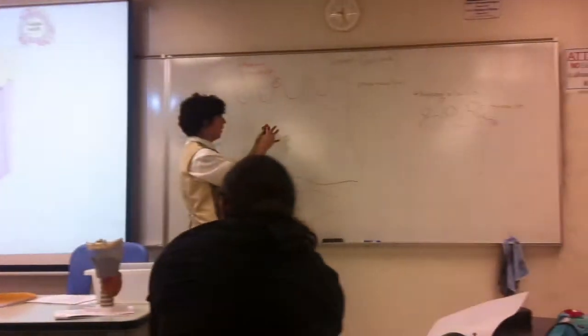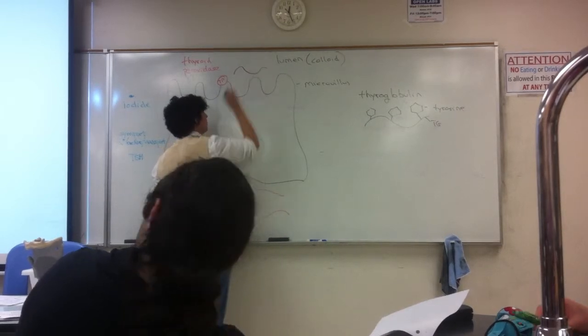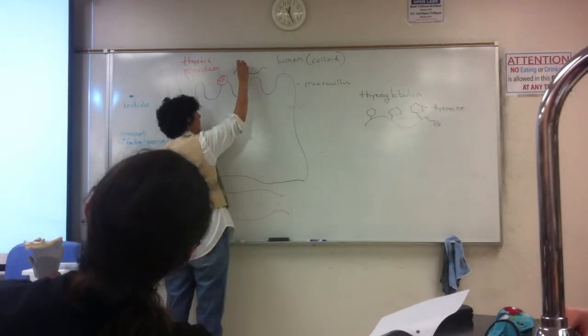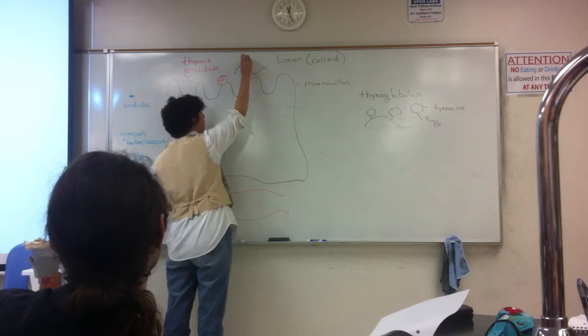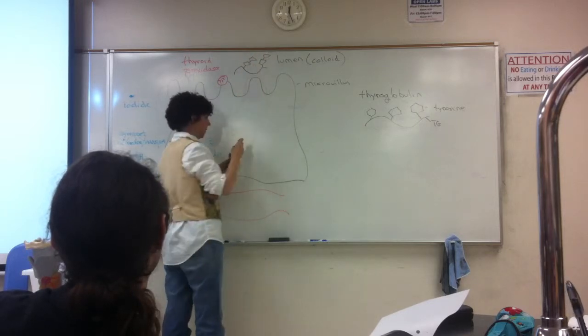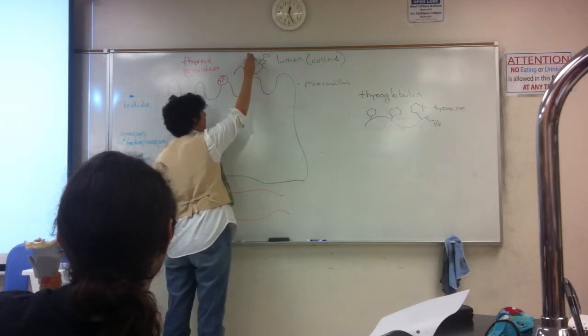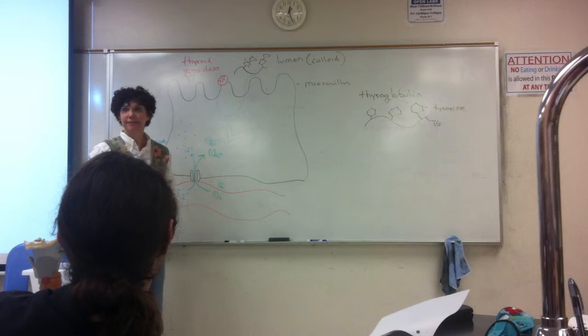So out in the colloid, what we have is thyroglobulin with tyrosine and another tyrosine. And if we have that, that would be T3.